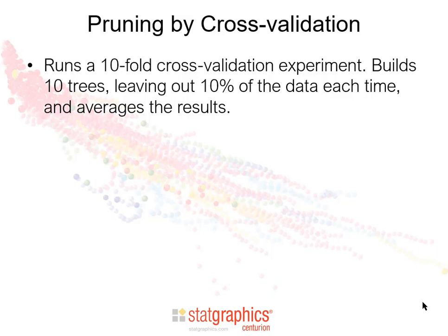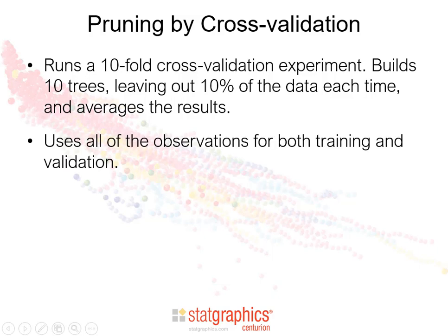Leave out 10% of the data, build a tree, see how well that tree fits the 10% of the data I did not include, and average those 10 runs of that particular experiment. Basically, this allows me to use all the observations for both training and validation.